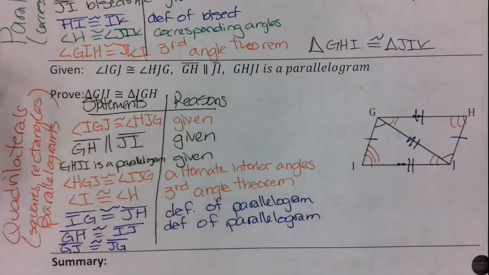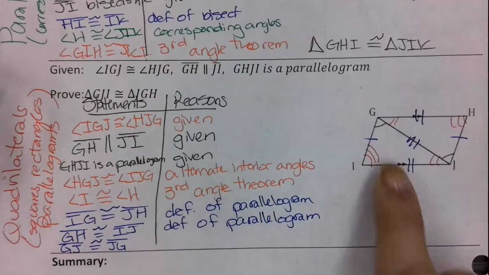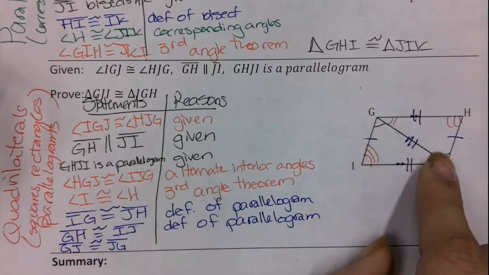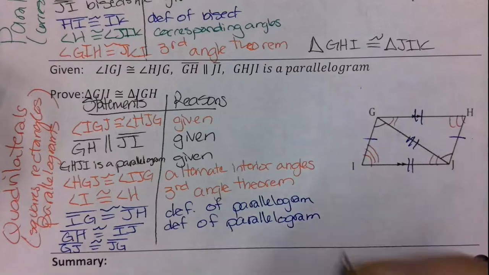How are those two sides congruent? Not corresponding. This one. How do I know it's congruent to itself?